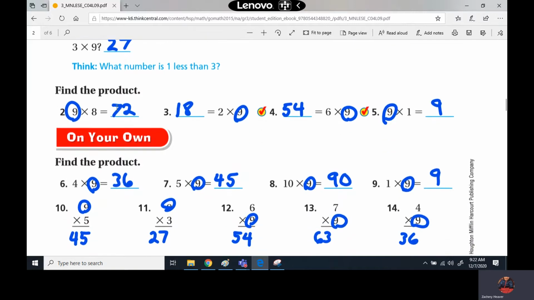For example, what's 1 less than 8? 7. 7 plus 2 makes 9. Final answer, 72. What's 1 less than 2? 1. 1 plus 8 makes 9. What's 1 less than 6? 5. 5 plus 4 makes 9. 54. What's 9 times 1? We all should know that. That's going to be 9.